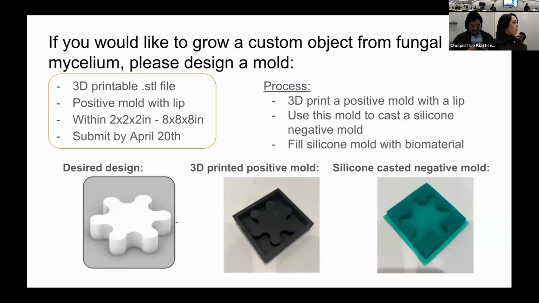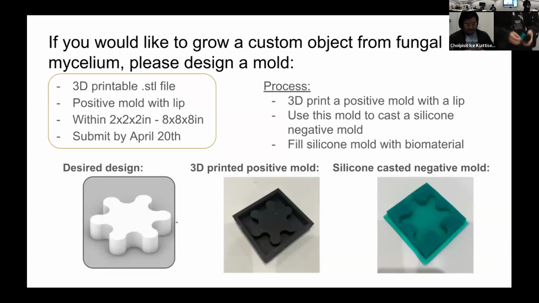So if you want a custom object, you have a few options, so I'll talk you through one of them, which is this 3D printing into silicone mold process. I have some of these here that I'm going to pass around, but basically, here you can take a look.